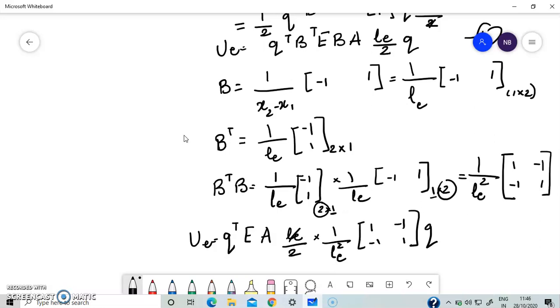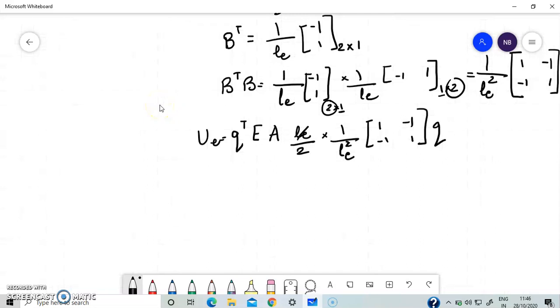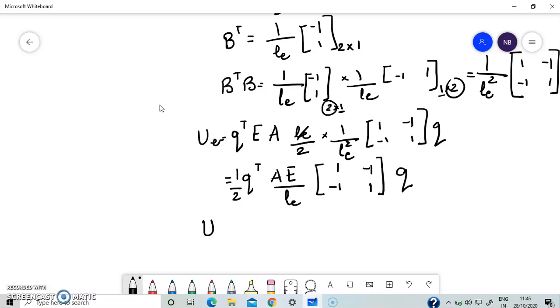Now one L_e here gets cancelled, and the equation now is half q transpose A E by L_e times the matrix 1 minus 1, minus 1 1, into q, or we can also say it is half q transpose the stiffness matrix of the element into q.